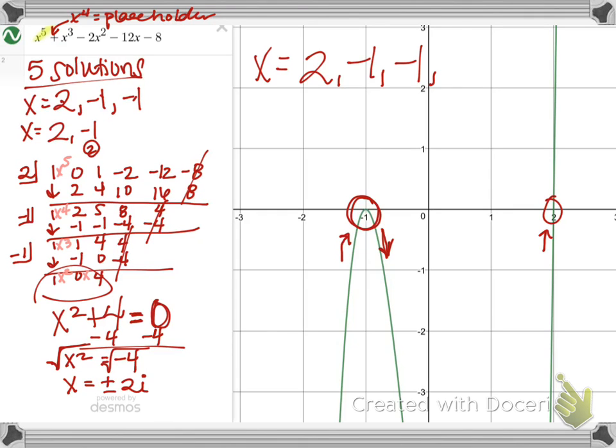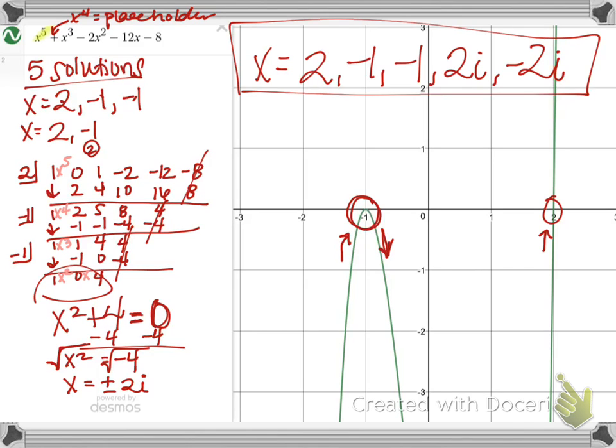So if I go back to the top and list my answers, it would be 2i and negative 2i. And this would be my answer. And if I want to count it just to double check, I got 1, 2, 3, 4, 5 answers, which matches my fundamental theorem rule.